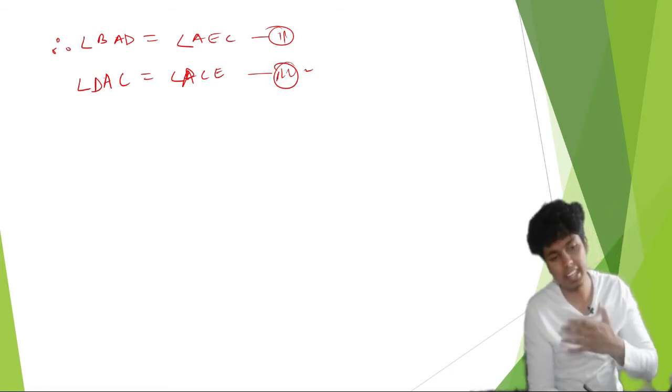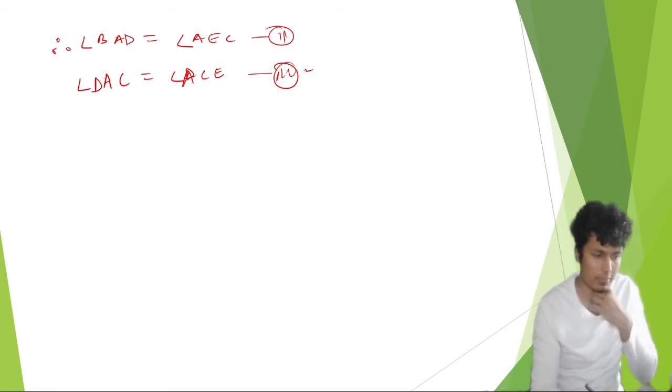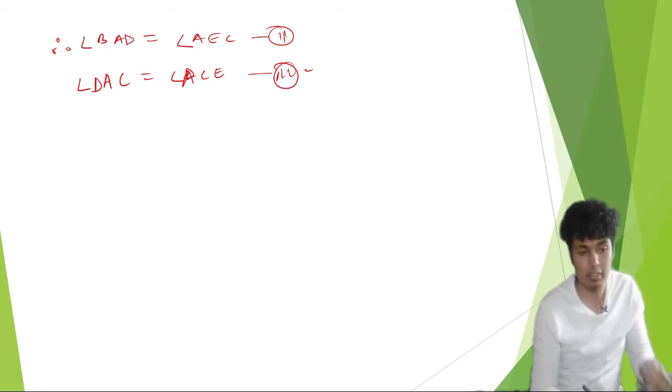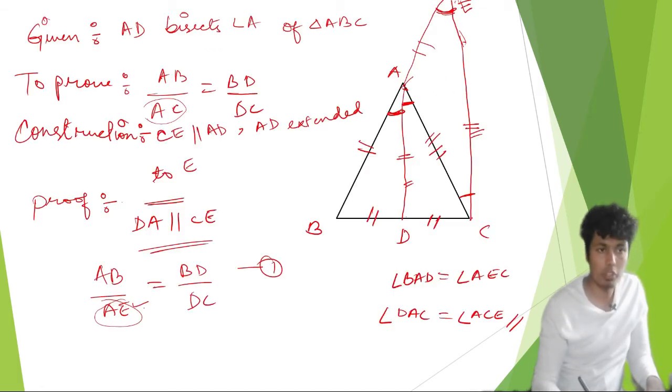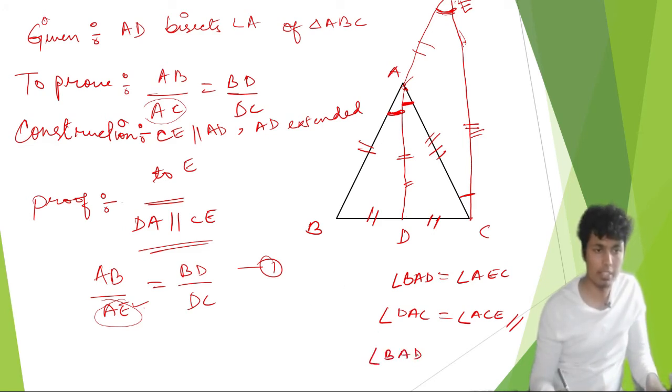Now AD actually bisects angle BAC. We know that angle BAD and angle DAC are equal because AD is bisecting this angle. Therefore angle BAD is equal to angle DAC.